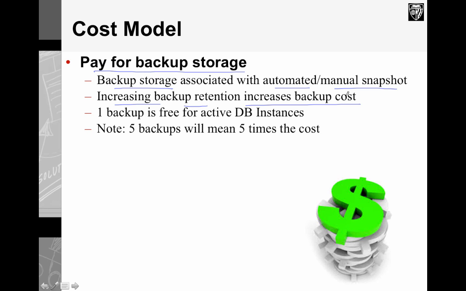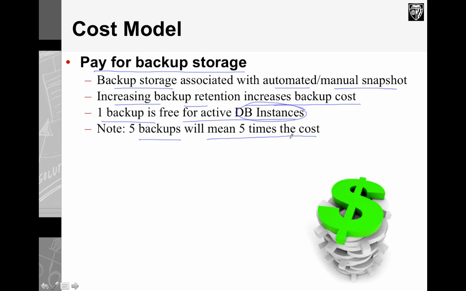But the good thing is that the first backup is free for active database instances. You have to be active for the first backup to be free. If that's the case, then you're only paying for 20 snapshots if you have chosen 21 days for your backup. It's important to note that 5 backups will mean 5 times the cost.